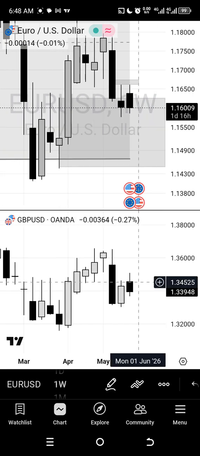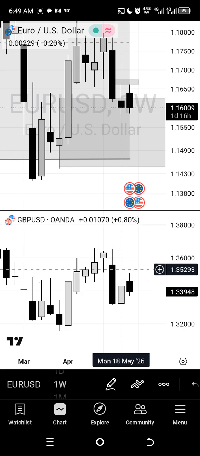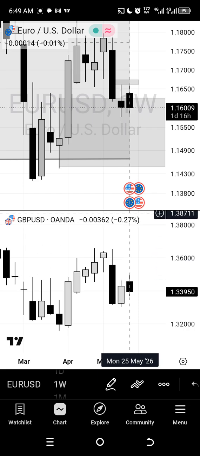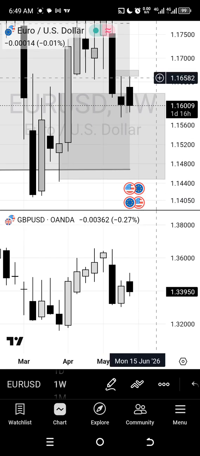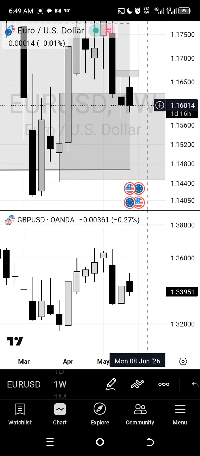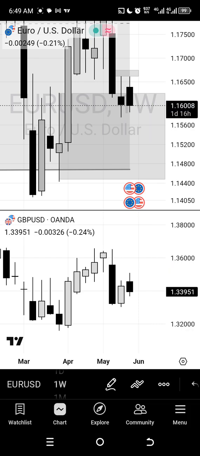This FVG got an SMT with GU. Price tapped into this FVG on the GBP USD chart, and on the Euro USD chart, price didn't tap into this FVG. That's why price is selling currently, based on SMT. Regardless, let's continue.